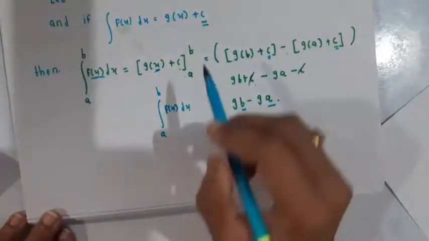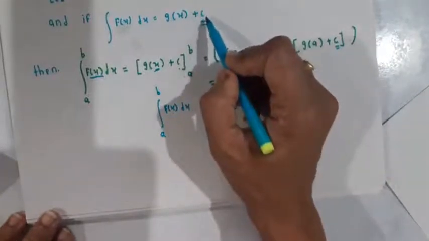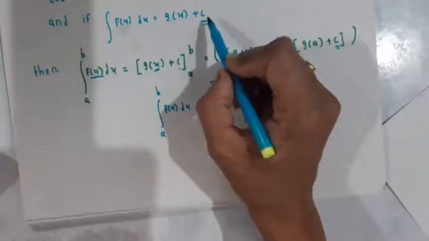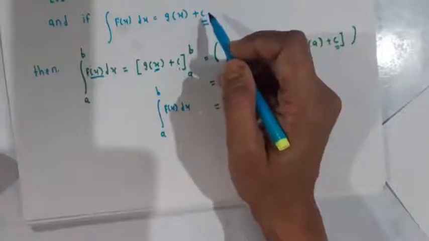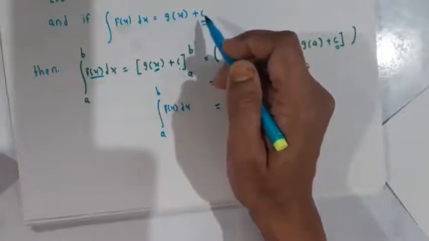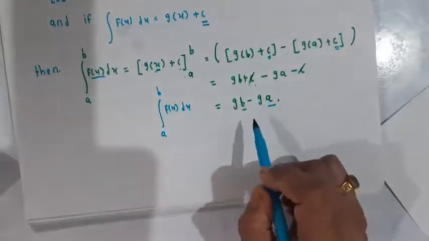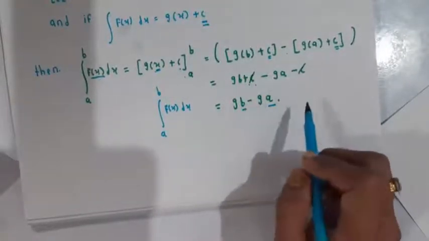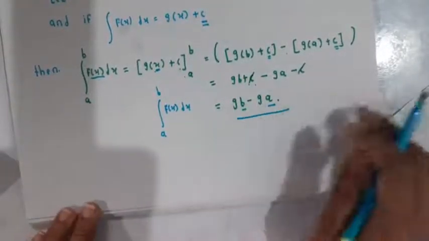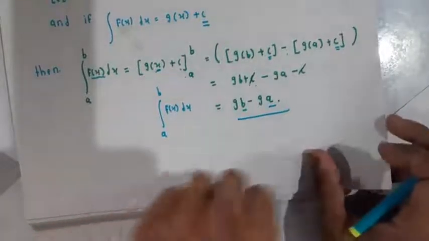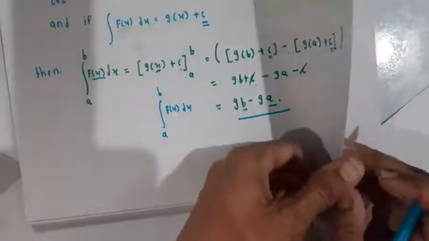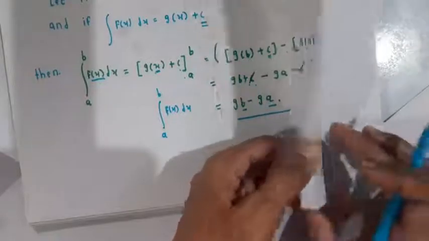Okay students, why we have taken this constant of integration, I have explained in the very first video of indefinite integration. So in definite integration it is not necessary to take the constant of integration, and in this way we can calculate the value of definite integration, that is upper limit minus lower limit.